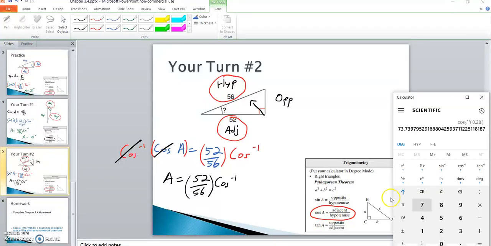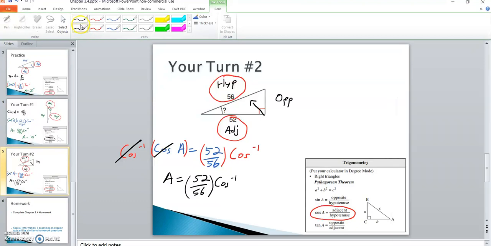So at this point, I'll go into my calculator. 52 divided by 56 equals, and cos minus 1. So 21.7 degrees is very close to 22 degrees.